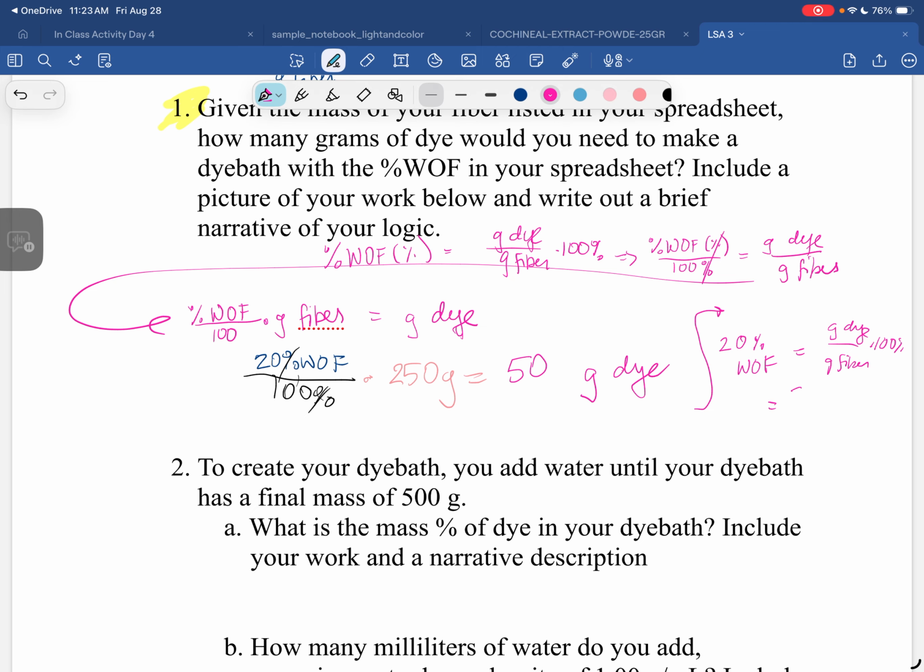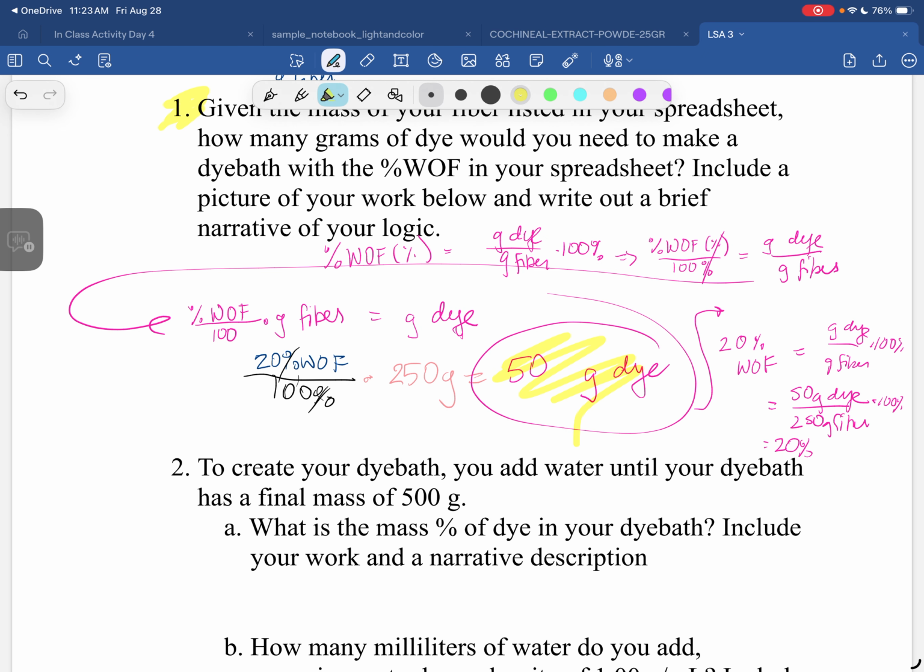So if I have 50 grams of dye divided by 250 grams of fiber, I multiply by 100%, 50 divided by 250 gives me 0.2 times 100. That gives me 20%. So yes, this is my correct answer. I did my math correctly, so we would want to weigh out 50 grams of dye.